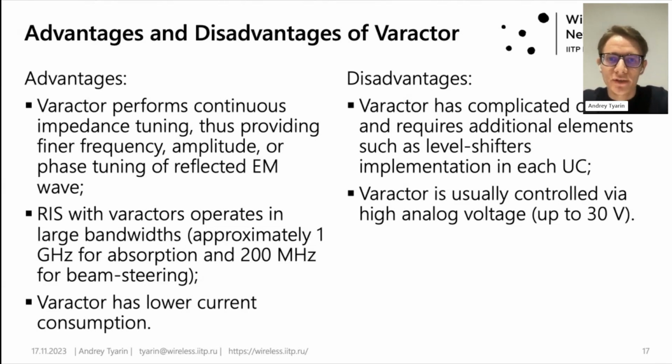The usage of high analog voltage can be avoided by using lower control voltages, thus performing the necessary functions, albeit with minor efficiency loss. Varactor control is facilitated by using a fixed number of control voltages. Nevertheless, only varactors are suitable for absorption in a wide range, about 1 gigahertz.